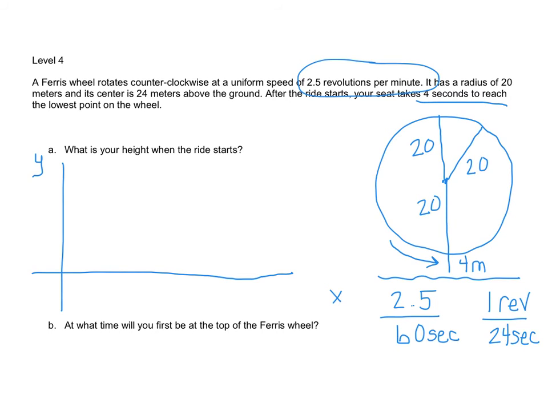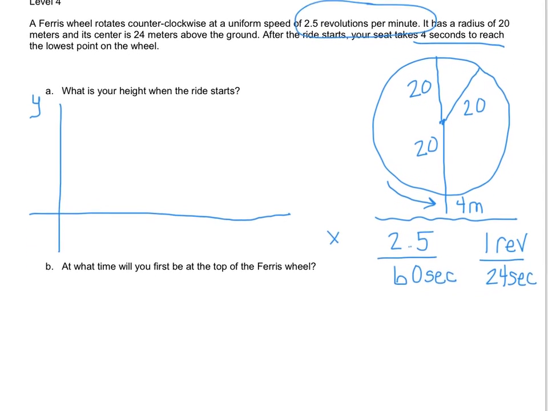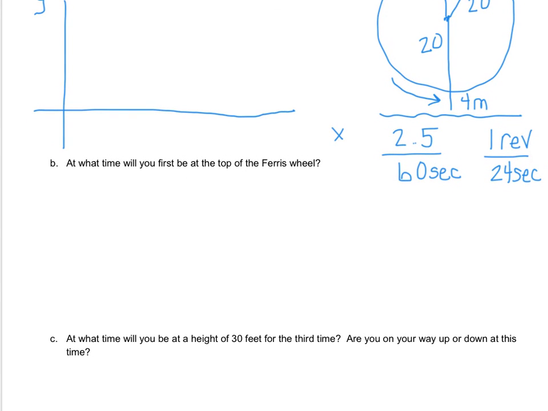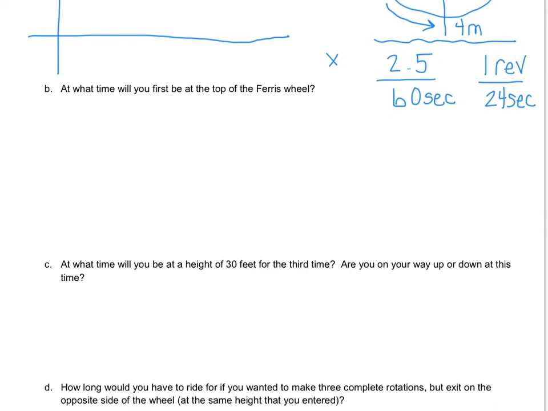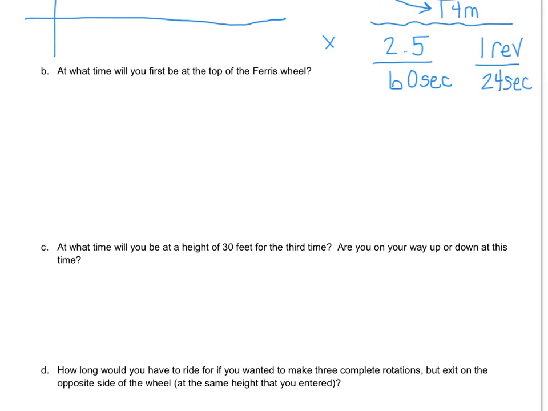All right, let's see what you can do with this one. Let's move on and see what problems you can do. A, you should be able to do. B, I think you should be able to do. C, you can't do.